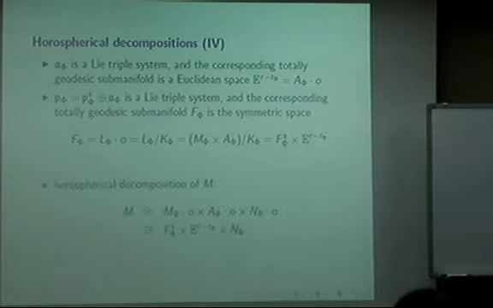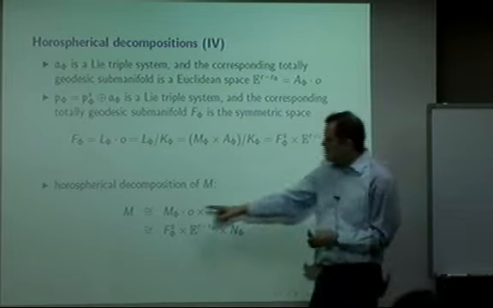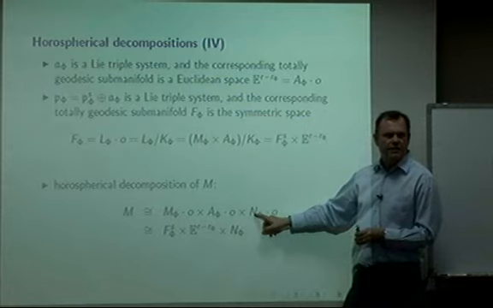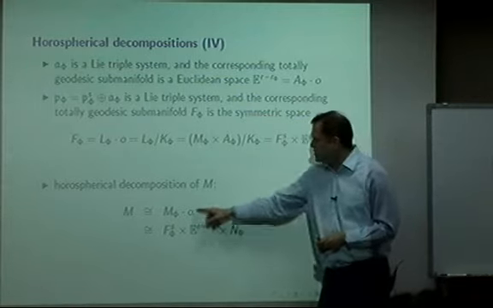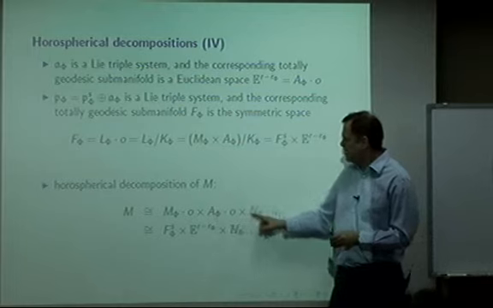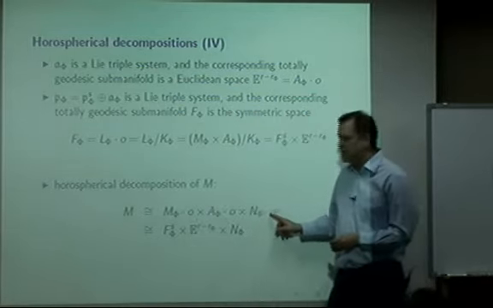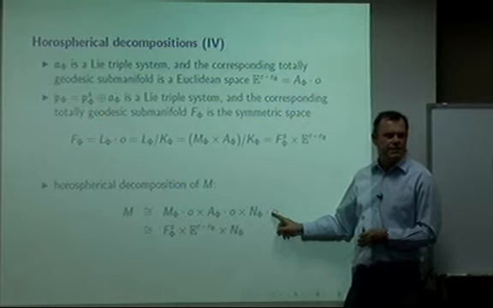And this altogether gives us what is called a horospherical decomposition of M. So these are the three components of the Langlands decomposition of the parabolic subgroup. We look at the orbits through O, M phi, A phi, N phi through O, and then M is diffeomorphic to this product.